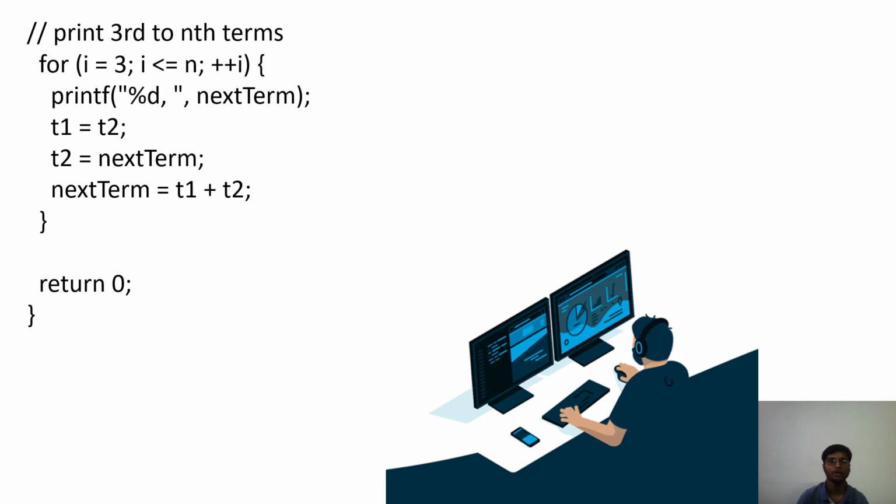Now print the third to nth terms: for i = 3, i is less than or equal to n, i++. Open the curly bracket. printf("%d", nextTerm); t1 = t2; t2 = nextTerm. Here, nextTerm = t1 + t2. Close the curly bracket. return 0.